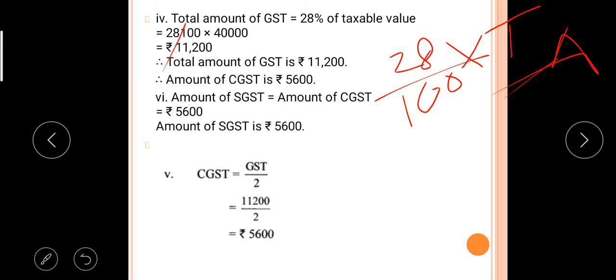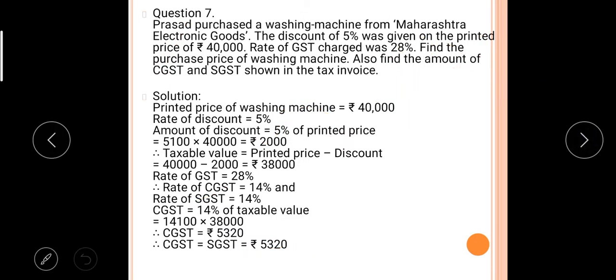Amount of CGST is 5,600. Amount of CGST equal to SGST equal to 5,600, and therefore the amount of SGST is 5,600. So CGST is GST divided by 2. What is the amount? 11,200 divided by 2, that is equal to 5,600.